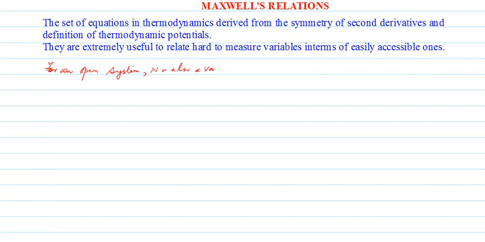The effect of n when it is variable is reflected in the quantity known as mu, the chemical potential. It is the chemical potential which decides the flow of particles across 2 phases. Chemical potential becomes relevant in open systems. That is what you have to always remember. So in the Maxwell relations that we are going to derive now, you will see that mu also will be playing its own role.